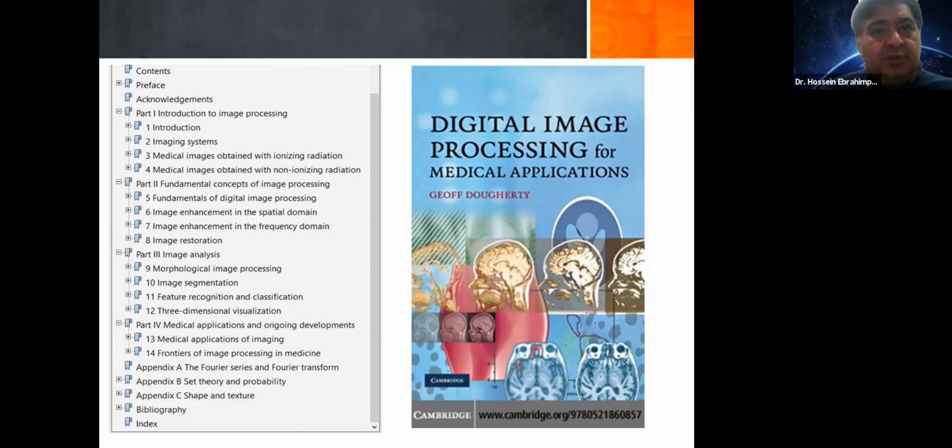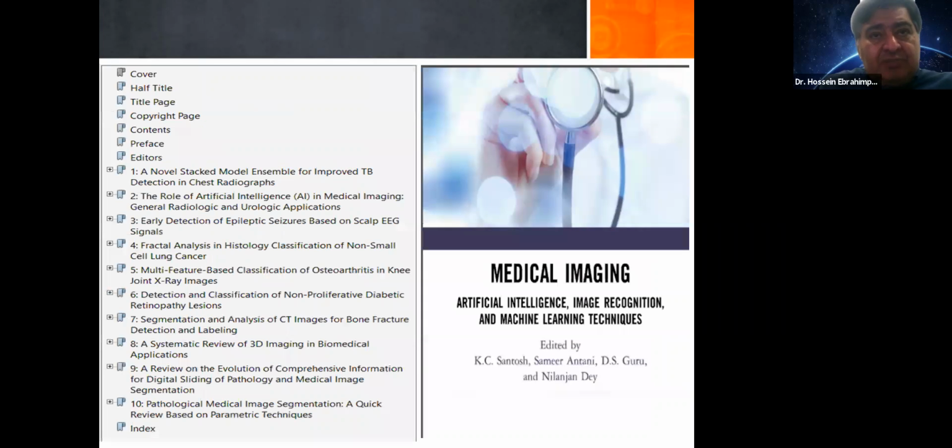The other book is Medical Imaging, Artificial Intelligence, Image Recognition, and Machine Learning Techniques, which you can see here is based on the medical parts as well. For example, the first chapter is a novel stacked model ensemble for improved TB detection in chest radiology, and so on.